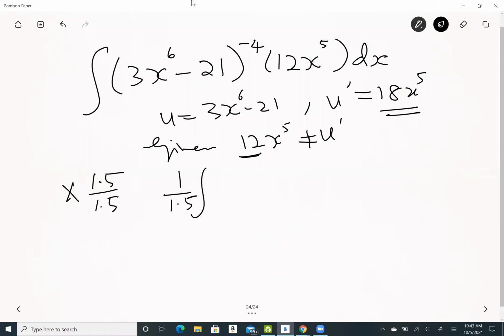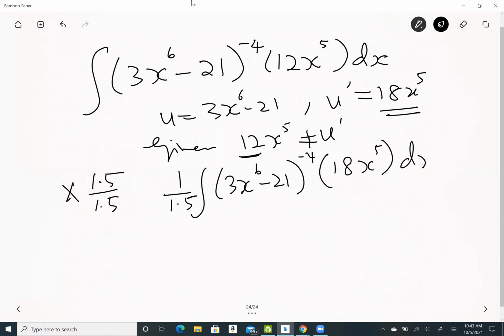You bring the denominator out right away. (3x^6 - 21)^(-4). I multiply by the numerator, I'm sorry, the 12 multiplied by 1.5, I got 18. So that becomes 18x^5 dx. Okay, so that is one way.